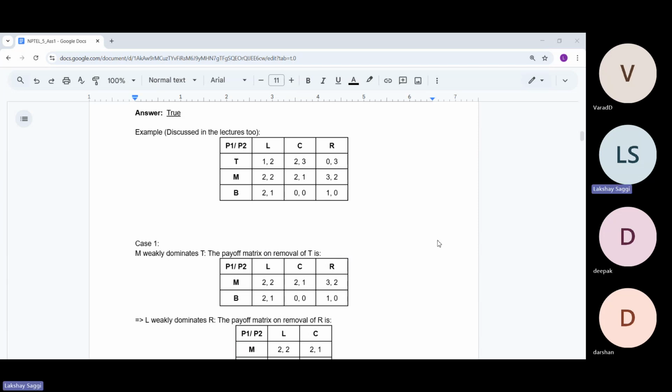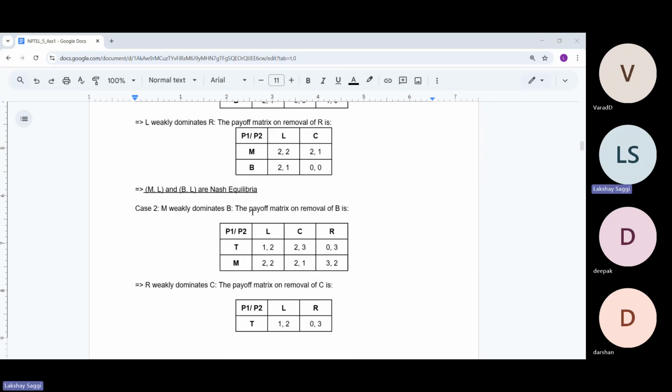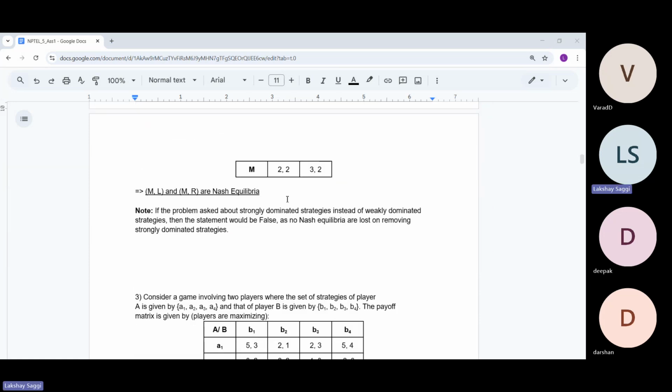Okay, I don't see any response from Darshan in the chat, so I'll be assuming that this is clear. Also, if anyone else has any doubts, you can try. Okay, it's clear. That's nice. So now maybe we can move on to the third question then.